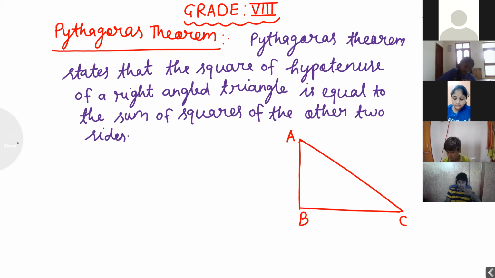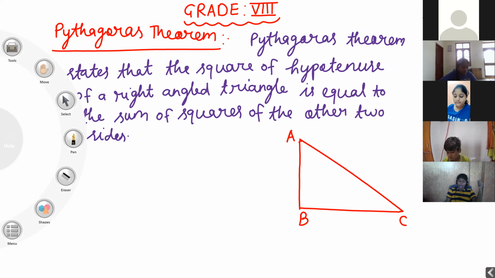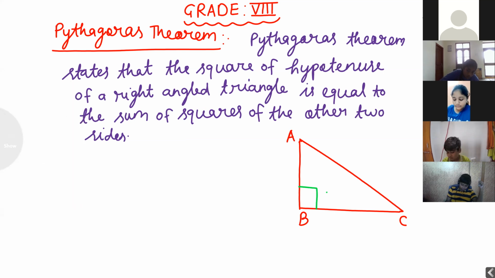Now in this figure, how to identify what is the base, what is the perpendicular, and what is the hypotenuse. The side in front of the 90-degree angle will always be the hypotenuse. Here in this figure, AC is the hypotenuse. The remaining are the two legs or two sides.